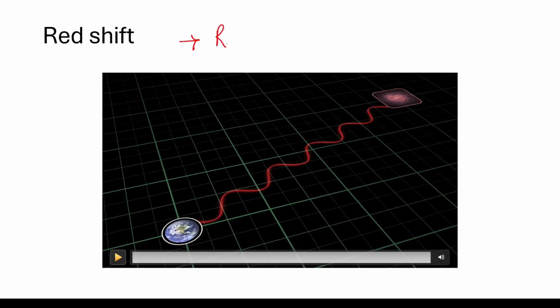Now what is the cause? How do we know that it is moving away from us? Because of red shifting. Why is red shifting happening? Because the wavelength is becoming higher than the original. The apparent wavelength is higher than the rest wavelength. If the star were at rest, we would receive, let's say, lambda rest.